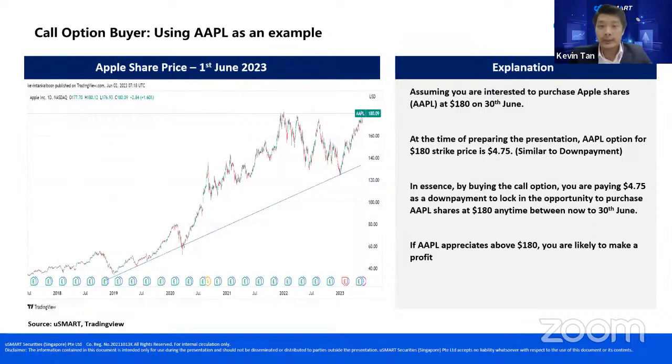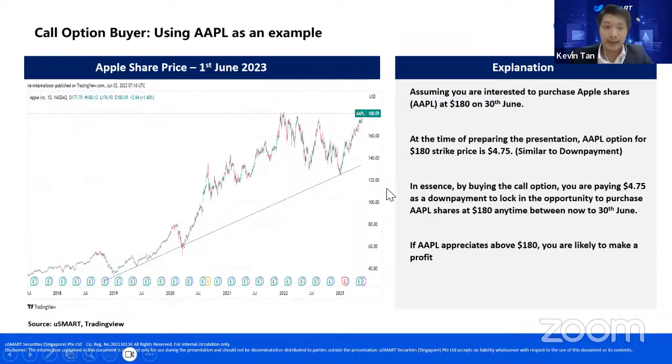Now, it may sound complicated, but what we are saying here is that if you buy this call option, you are paying $4.75 as a down payment to lock in this opportunity to buy Apple shares at $180 on 30th of June. So if Apple appreciates beyond $180, it is quite likely that you will make a profit.